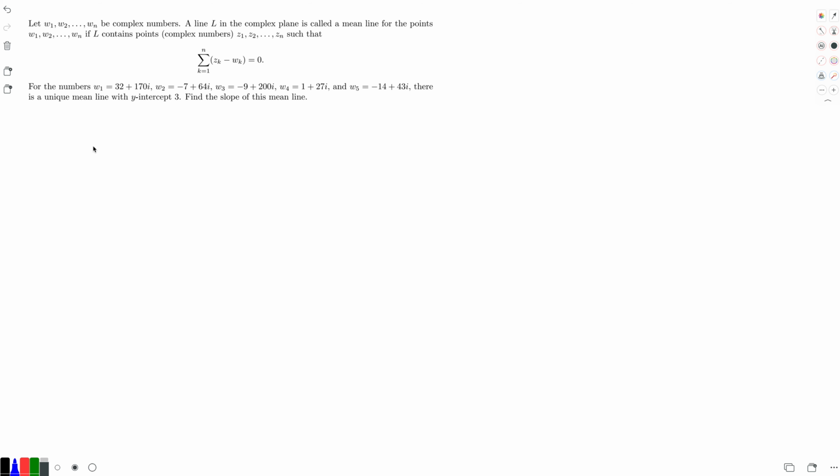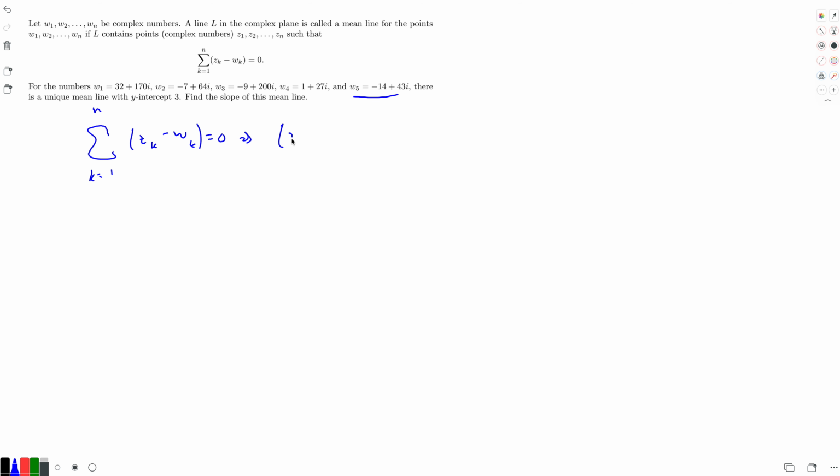So first, let me try to digest this. The sum from k equals 1 to n of zk minus wk is equal to 0. So what does this tell us? z1 minus w1 plus z2 minus w2 all the way until, well, we're going to go all to n, so zn minus wn.